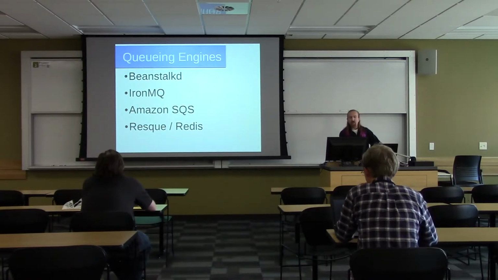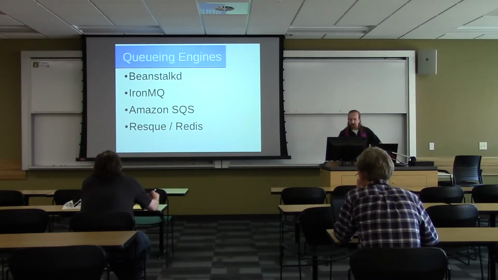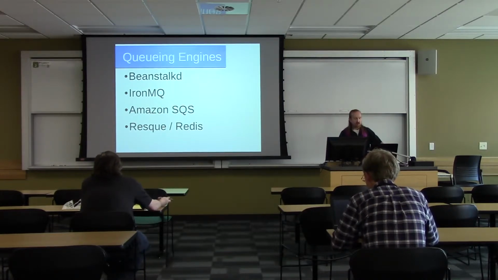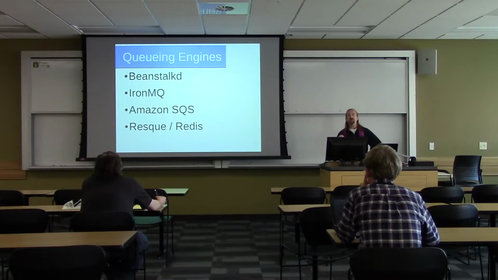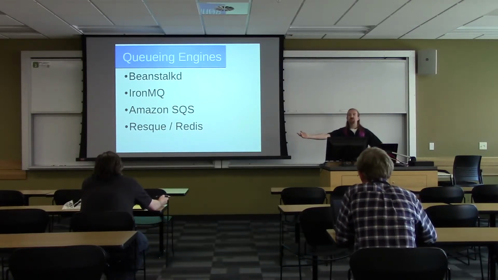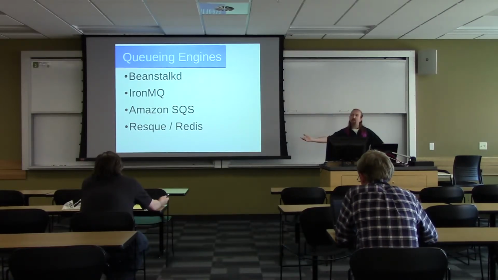And if you're already familiar with these technologies, Beanstalk is a queuing engine that's open source. You run it on your server and off you go. IronMQ is a little bit different from the other queuing engines in that when you queue a task, you actually make a request out to an external service, and then when that task is supposed to run, it will actually make a request back to your application.